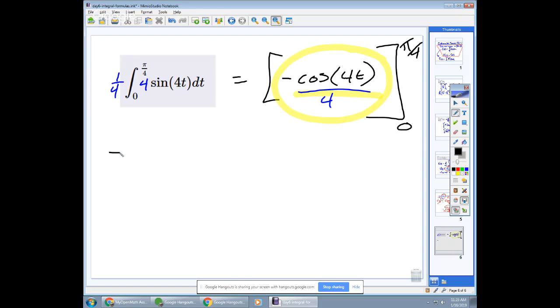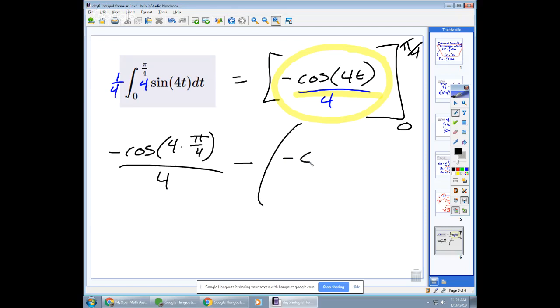So that's going to give me negative cosine of 4 times pi over 4, all over 4. Then careful, we subtract, and I have a negative. Cosine of pi is -1.